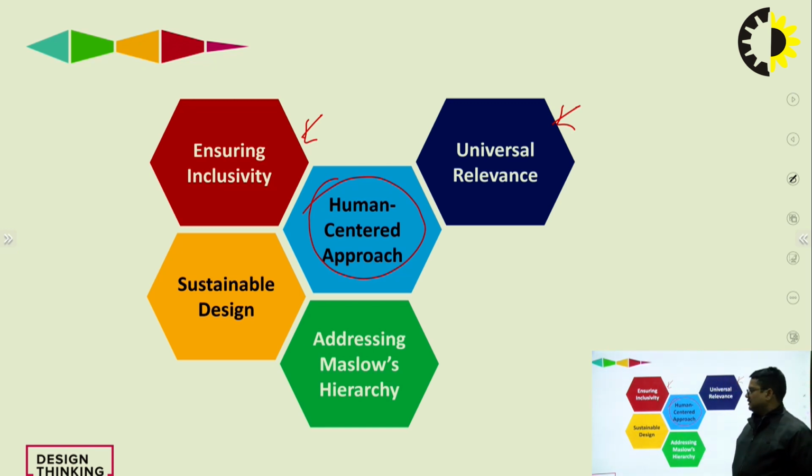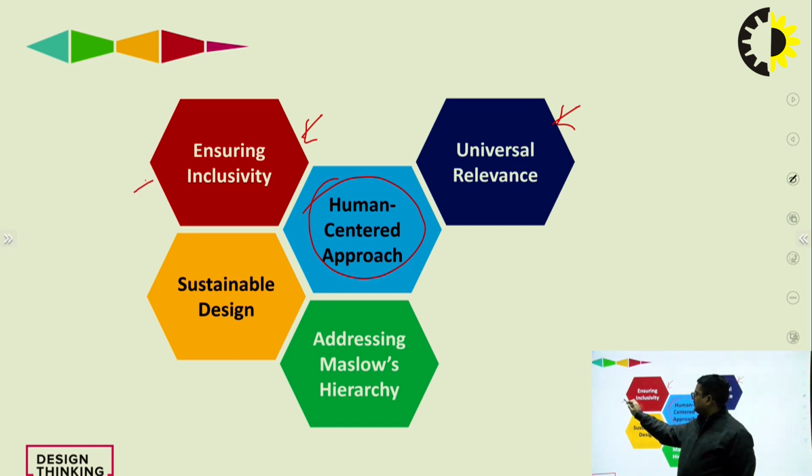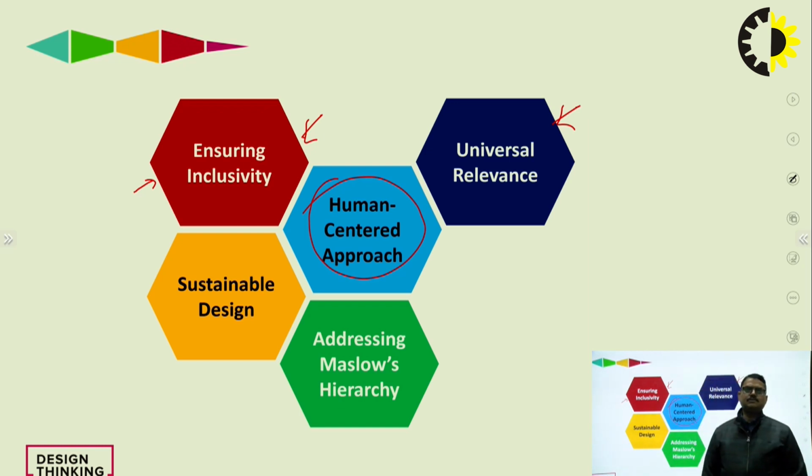So if we are working with basic physical needs during our design thinking approach, if we are targeting to fulfill the basic human needs, then this approach is fulfilling this characteristic of design thinking, that is, design thinking ensures inclusivity, a solution that is going to fit for all, a solution that is going to fit the majority of the users.